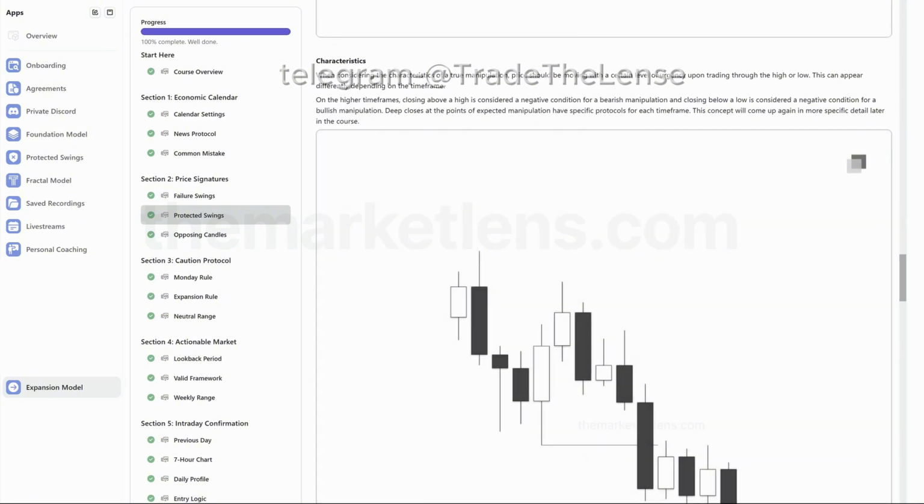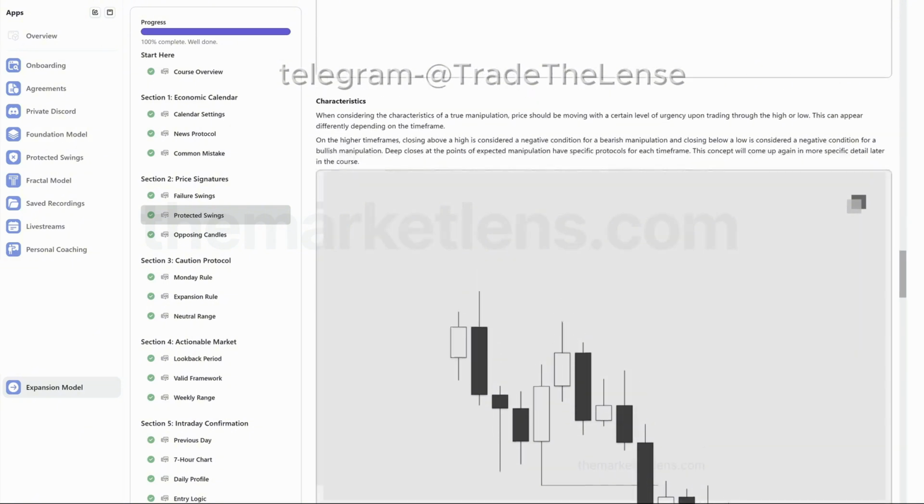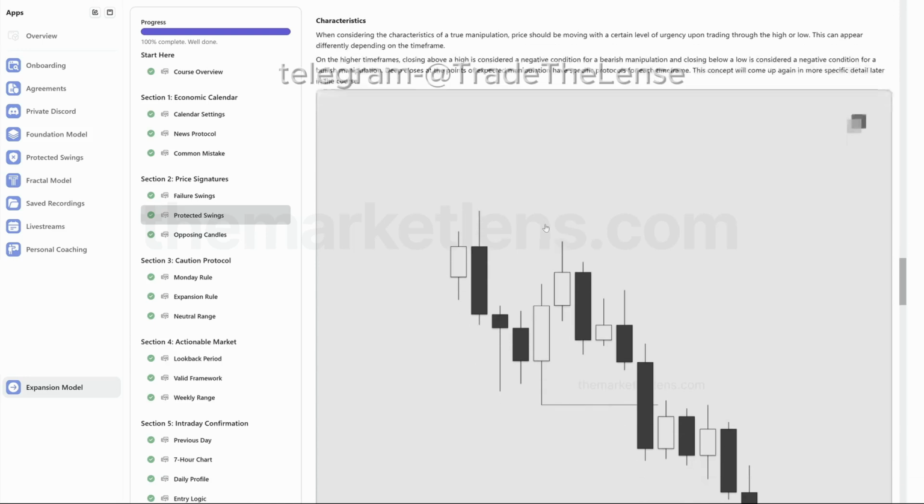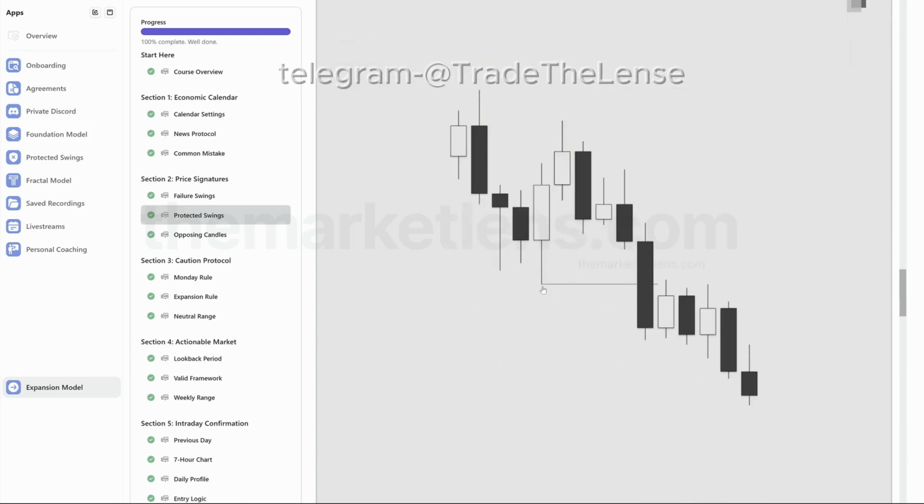And then here with manipulation, we do expect this pretty much across all time frames. If we're finding a relevant level and we expect price to manipulate that, we want to see it happen fairly quickly and with some form of urgency. So when we see the market, if we're expecting this low to be an area of relevance or for price to manipulate that to start trading higher, and you see it initially closes below, and that depends on the time frame. If this is a daily, that is significant.